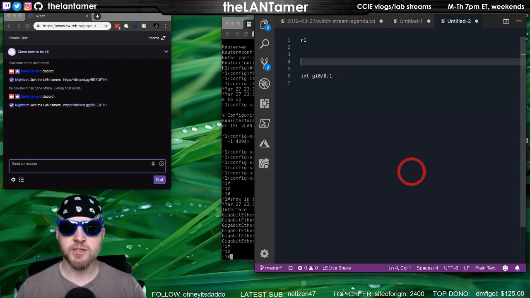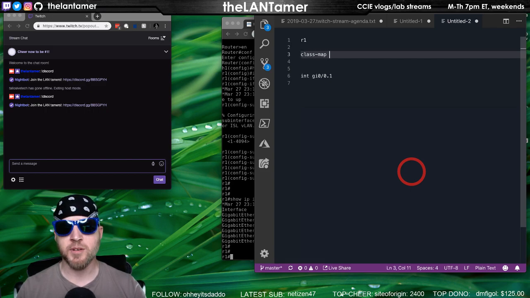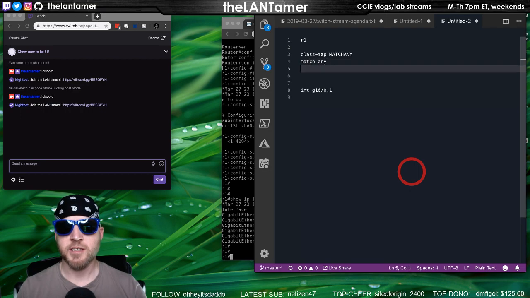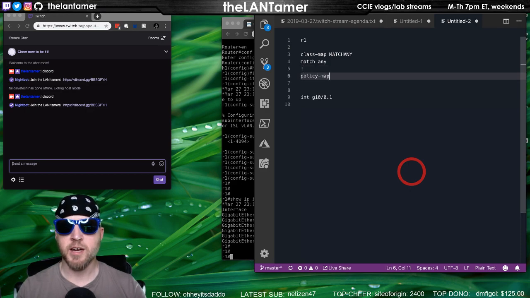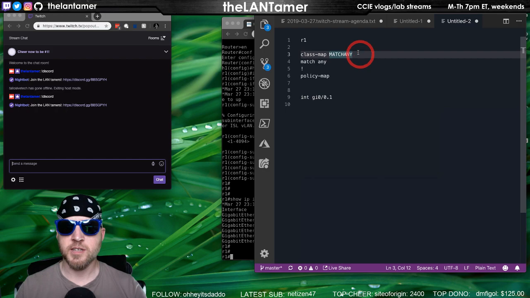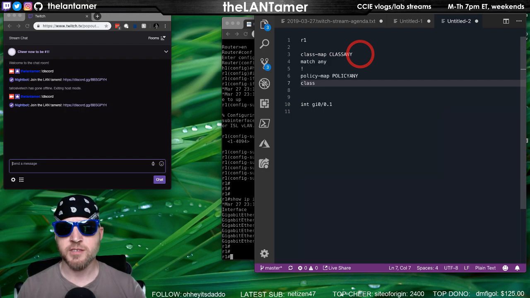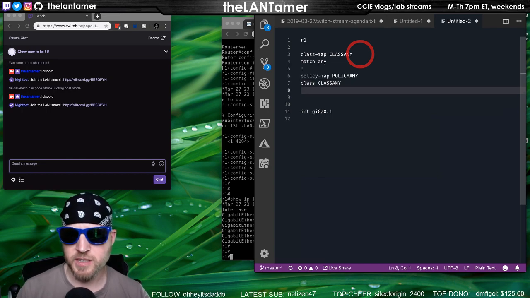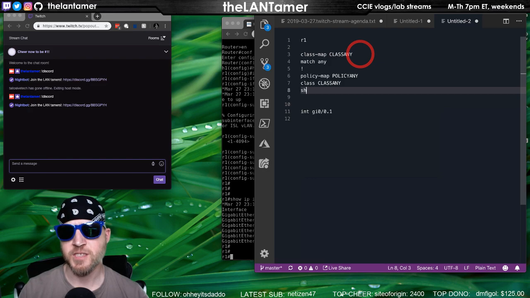Well, actually, we need to do, all right, so we're going to say class-map match any, and then policy-map policy-any, class class-any, and we'll say shape average.